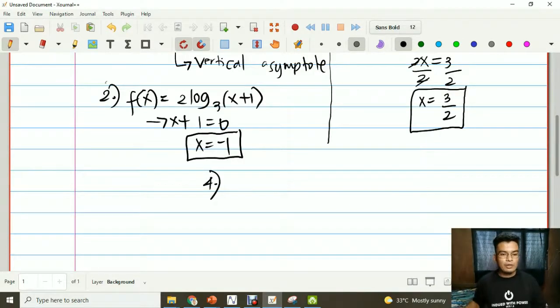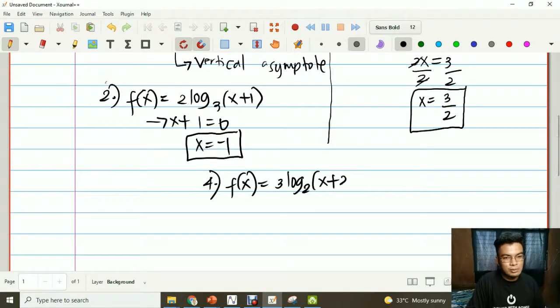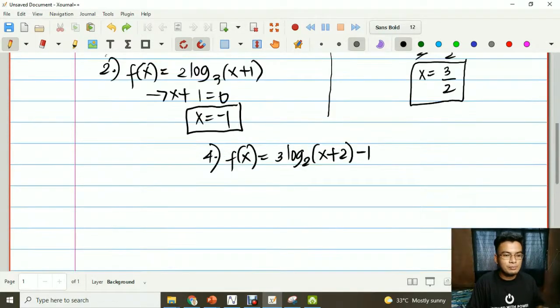For item 4, we have f of x is equal to 3 times log base 2 of x plus 2 minus 1. So we consider x plus 2 and we equate it to 0, and solve for the value of x.